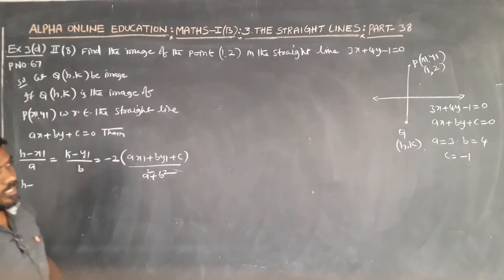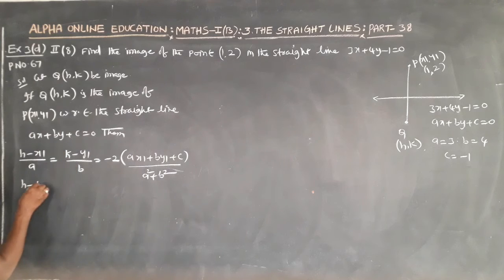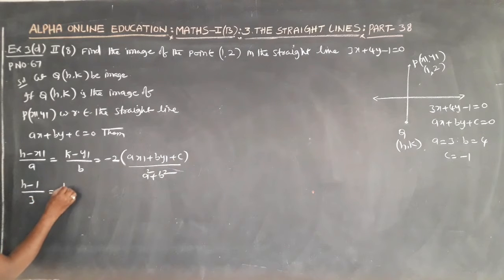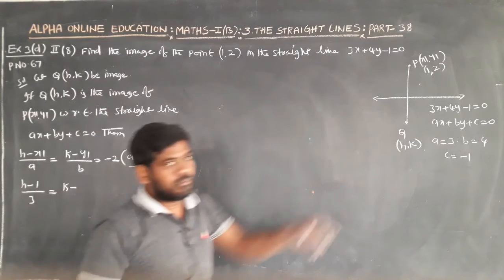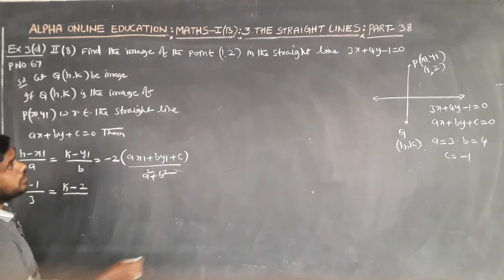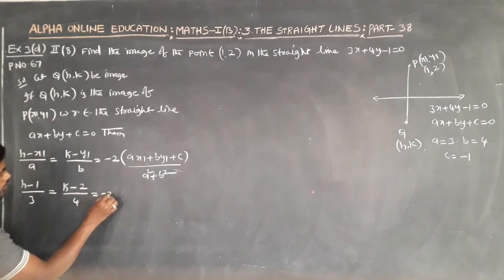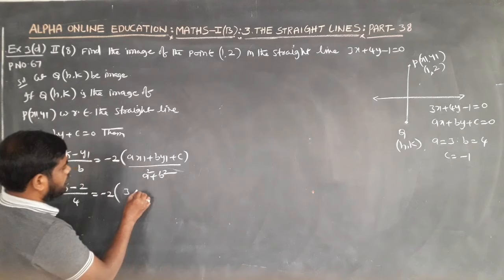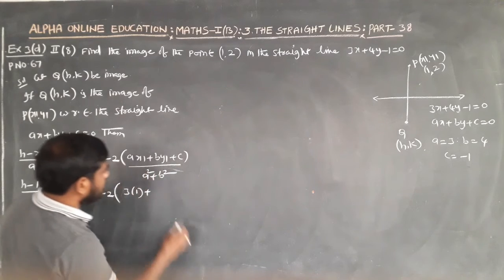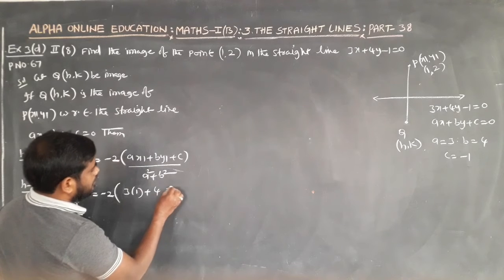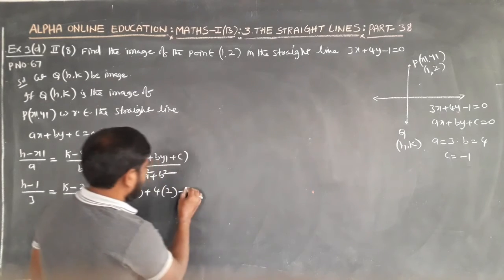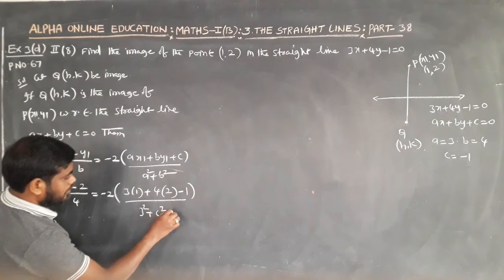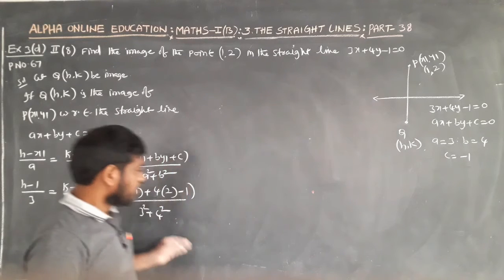(h - 1)/3 = (k - 2)/4 = -2(3·1 + 4·2 - 1)/(3² + 4²).